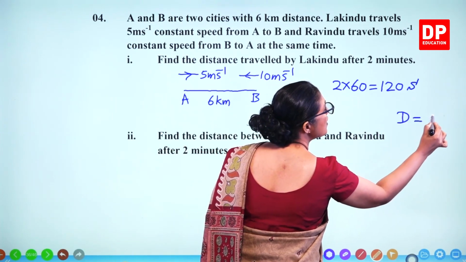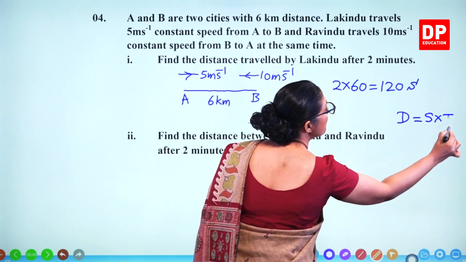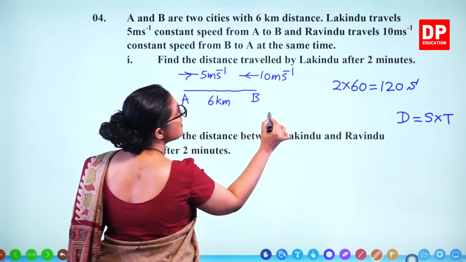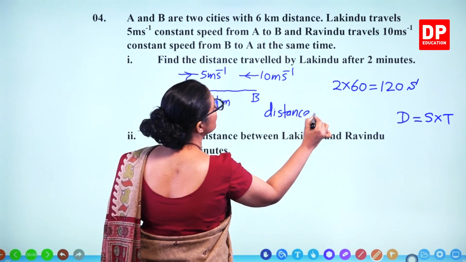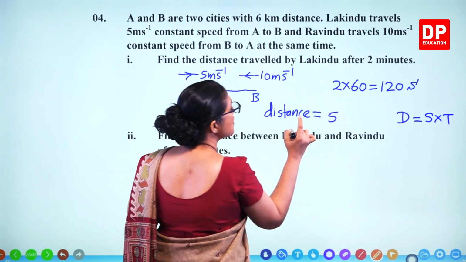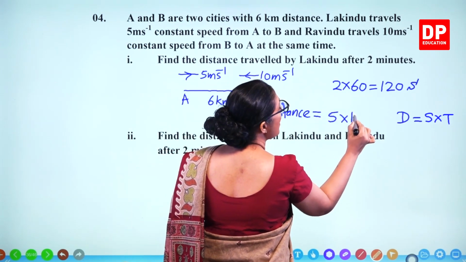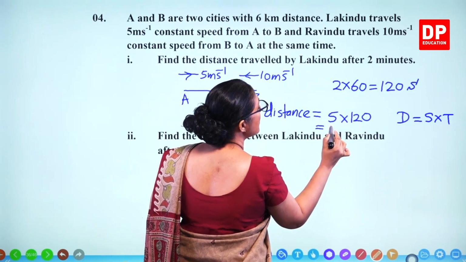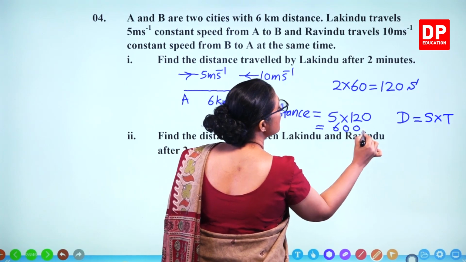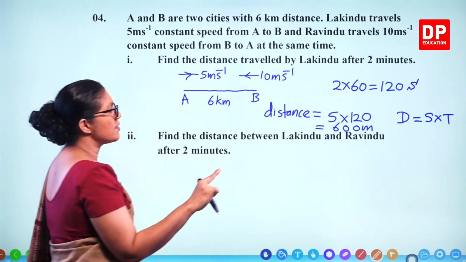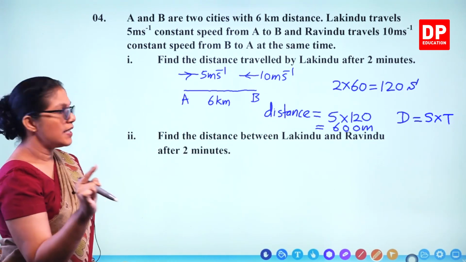Distance is equal to speed into time. Speed is equal to 5 meters per second and time is 120. So you get 600 meters he traveled within 2 minutes.